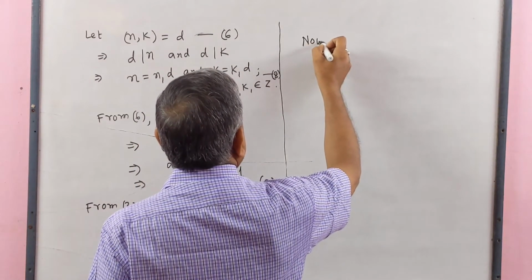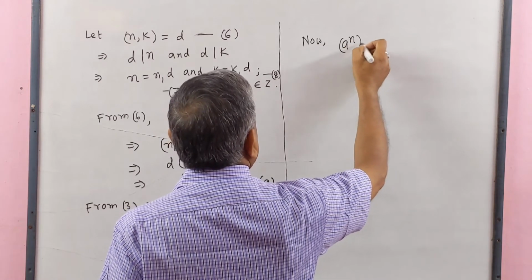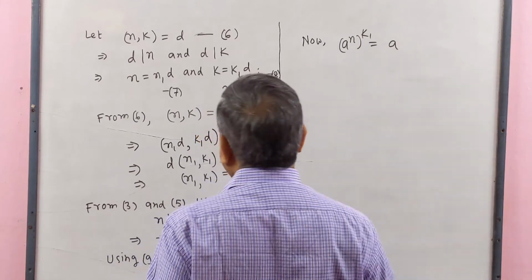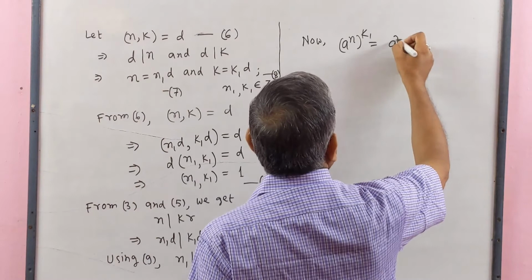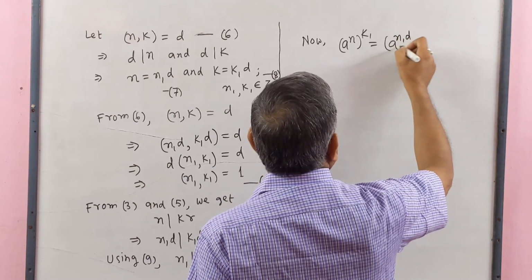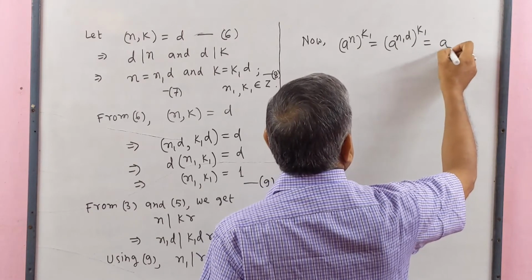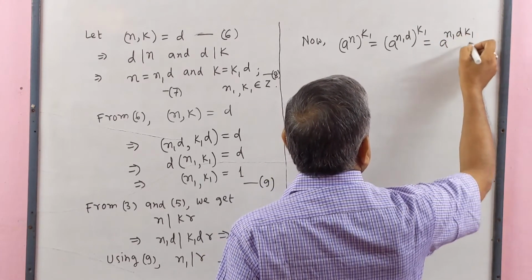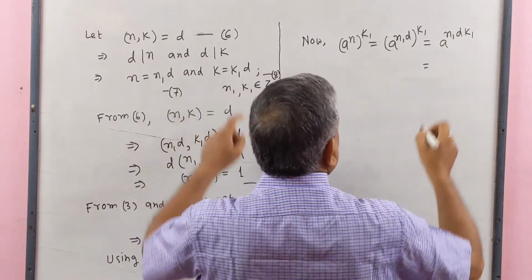Now a to the power n to the power k1 equal to a to the power n1d to the power k1. This equals a to the power n1dk1. dk1 means k.